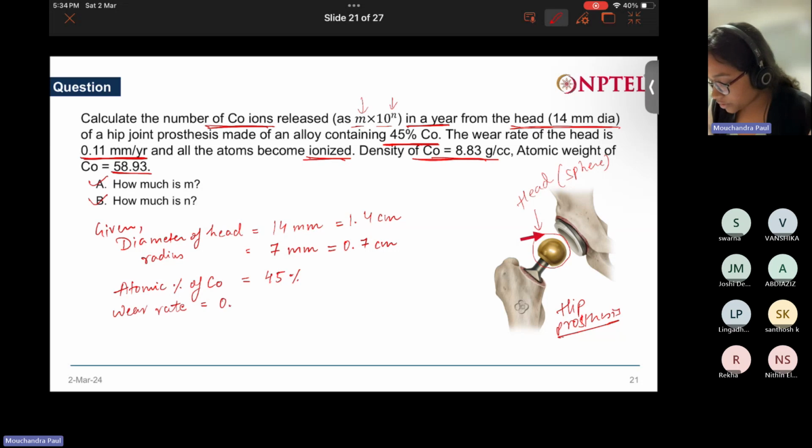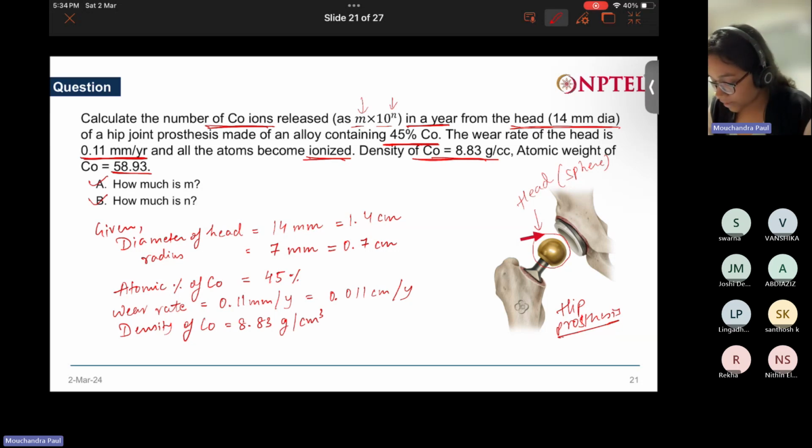It is 0.11 mm per year or 0.011 centimeter per year. And you know the density of cobalt, 8.83 gram per centimeter cube, mass by volume.